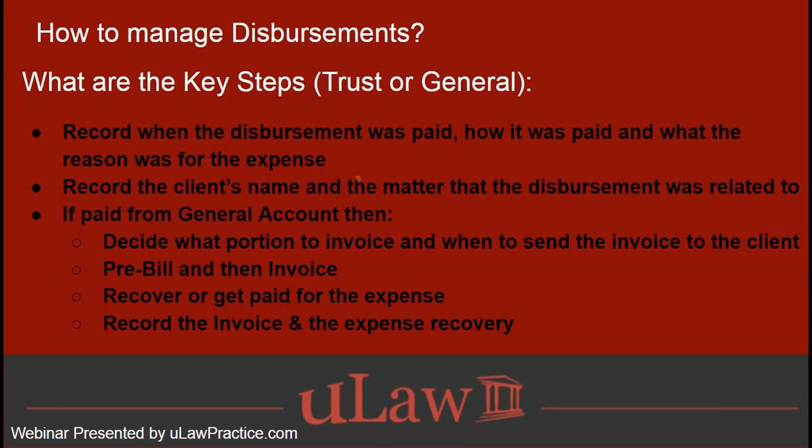For example, you may sign up an engagement letter which says, every invoice that I send you, Mr. Client or Ms. Client, we as a legal firm expect you to pay within 15 days, 30 days, etc.